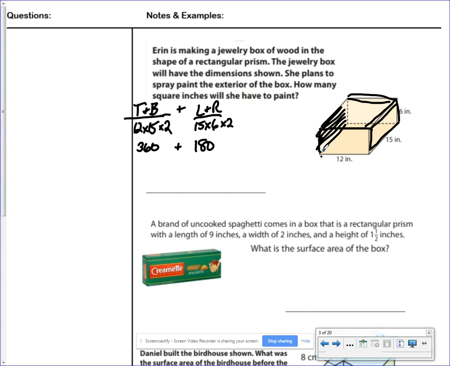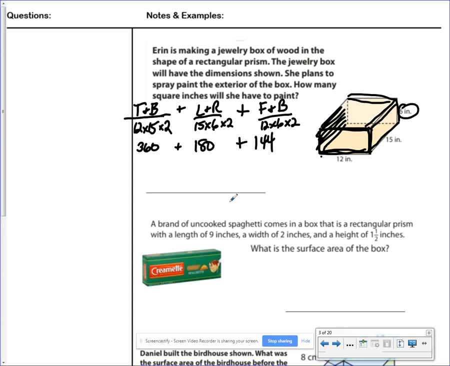All right, the last ones to do are this front and the back, the way it's looking at me. Front is 12 by the height of 6, 12 by 6. And there's two of those, front and back.